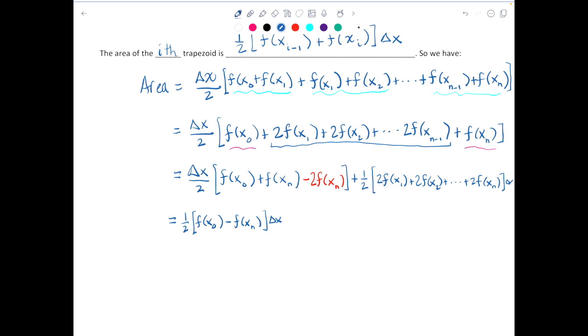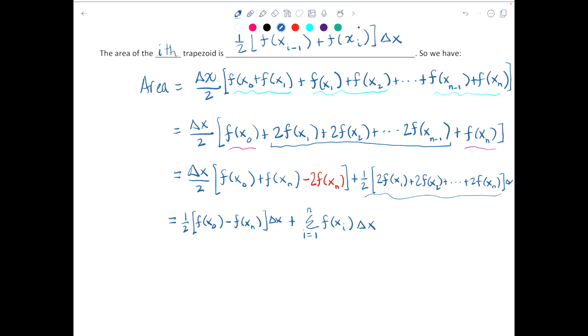Do you see that 1/2 will divide out all of those 2 coefficients in the second part of it? So that 1/2 simplifies all those expressions and gives them a coefficient of 1. So we can then write it as the summation from i equals 1 to n of f at xi times delta x. Cool so far?